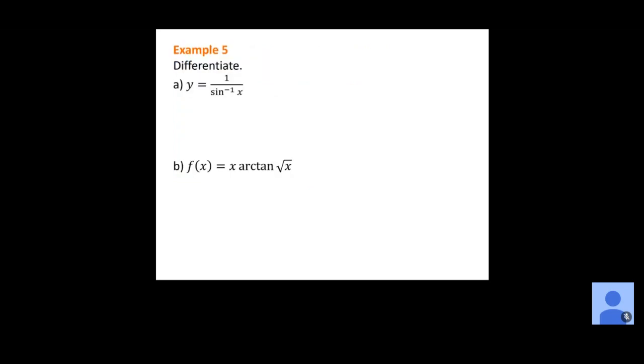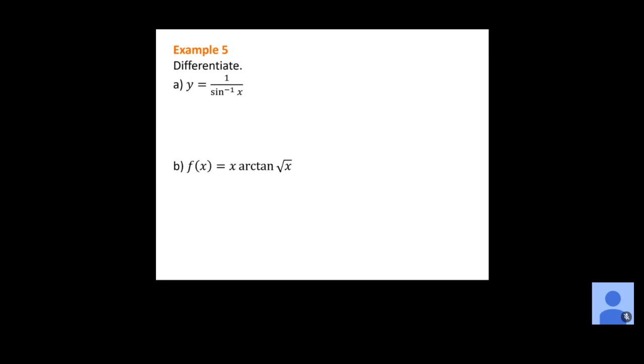All right. So now we want to find the derivative for 1 over the arc sine of x. First things first, let's think about how we could rewrite this function to make the derivative easier to find.